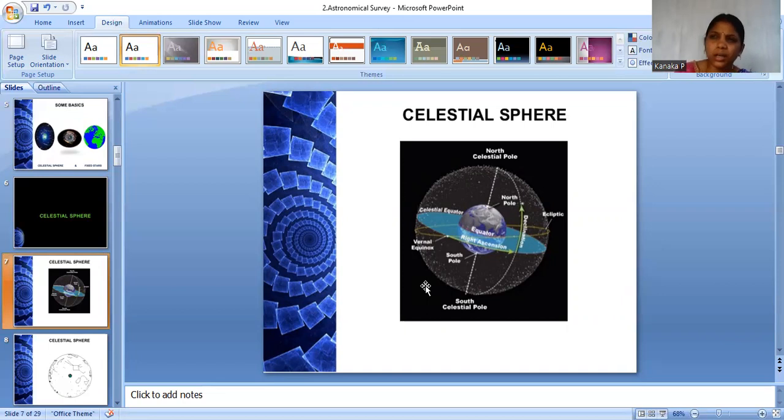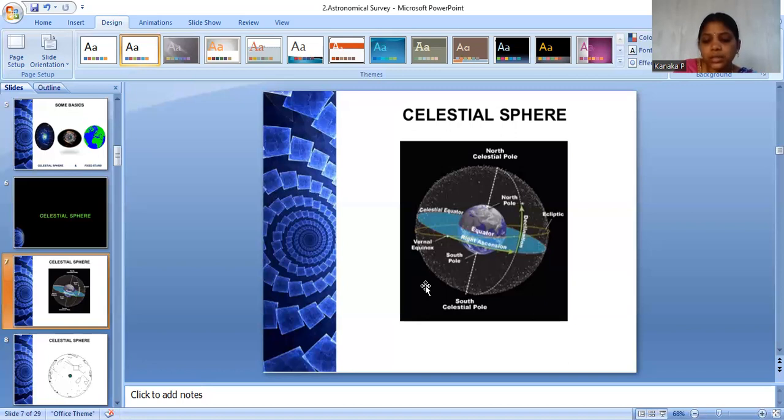This imaginary sphere on which the stars appear to be positioned is known as the celestial sphere. In practical astronomy, one is not concerned with the distance of the celestial bodies from the Earth, but the direction in which they are viewed.